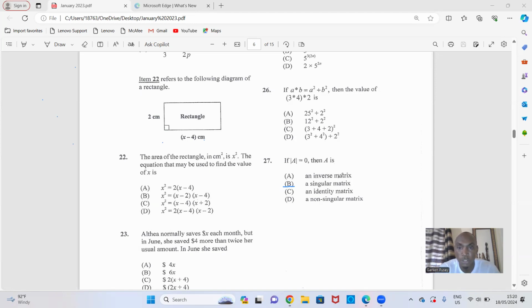Inverse matrix, we should know what that is: 1 over the determinant times the adjoint. An identity matrix is that 1, 0, 0, 1, where you have the ones in the leading diagonal. And a non-singular matrix would be one where the determinant is not equal to 0. For example, if you have a different number right here, let's say 2, -1, 6, whatever the case may be, it would be non-singular. But once it is equal to 0, we say that it's a singular matrix.